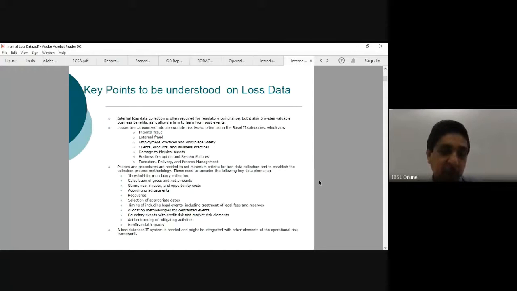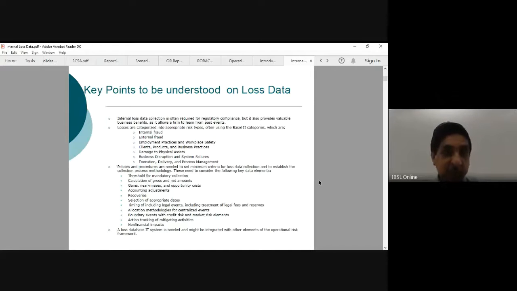So if you do that, then you will have an overflow of information. So in order to avoid that, what we can do is decide on a minimum threshold to report. But that doesn't mean there's no record on those things.